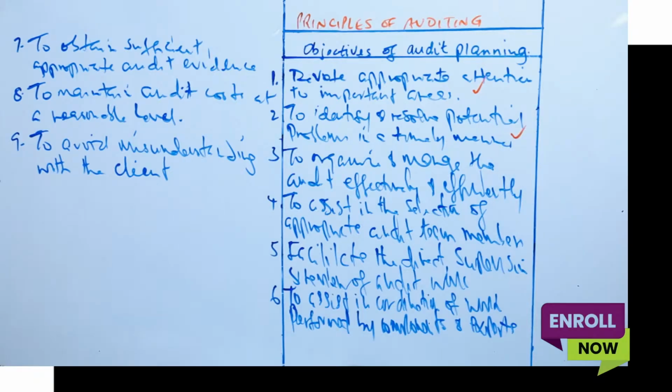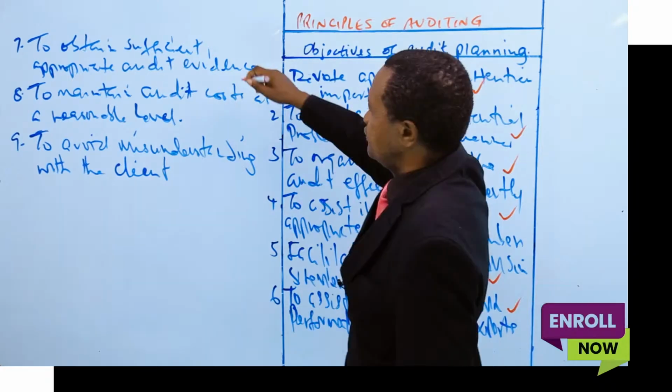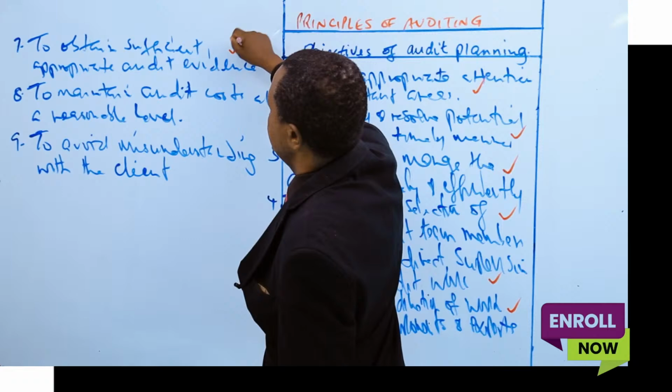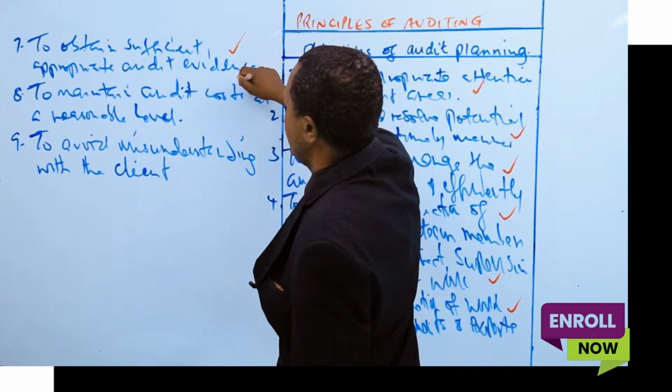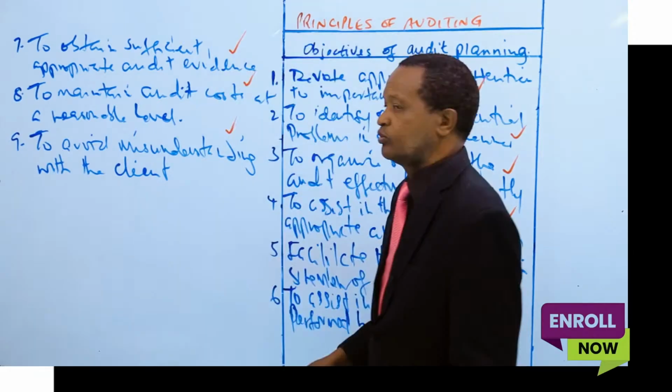Number 3 is to organize and manage audits effectively and efficiently. 4 is to assist in the selection of appropriate audit team members. 5 is to facilitate the direction and review of the audit, and 6 the coordination of work performed by components and experts. 7 is to obtain sufficient appropriate audit evidence. Number 8 is to maintain audit costs at a reasonable level. Then last, to avoid misunderstanding with the client.